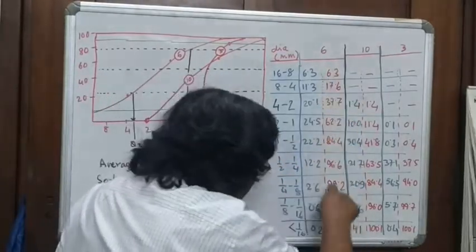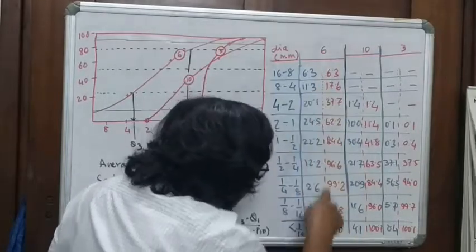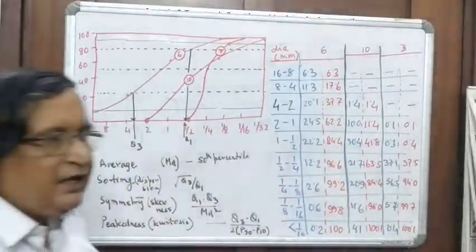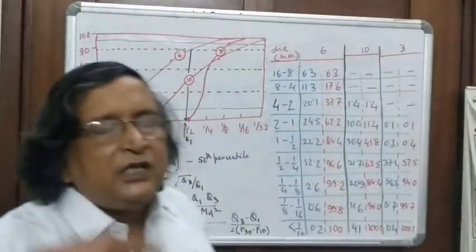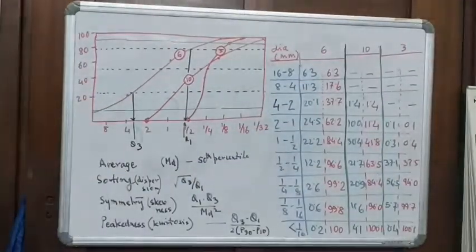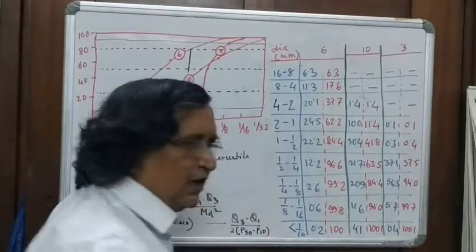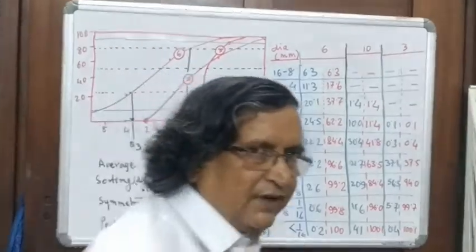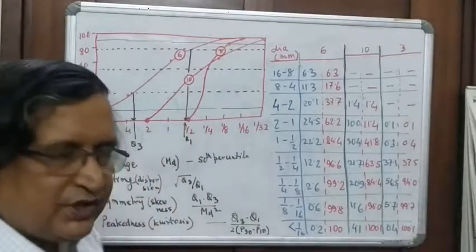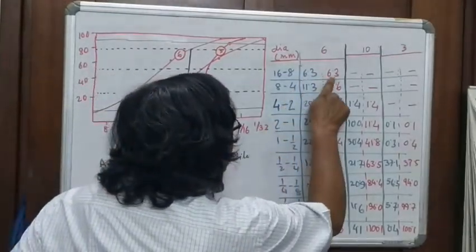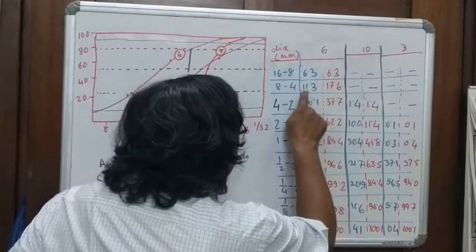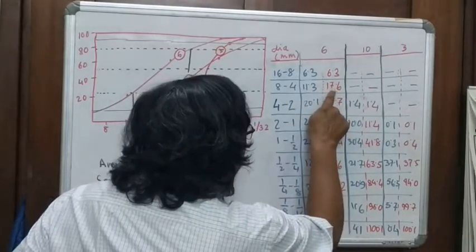Next to it is the red column. This is called the cumulative frequency. How is it done? For those who had statistics in class 12, it should be easier. You see it is 6.3, and this is 6.3, and this is 11.3, and this is 17.6.